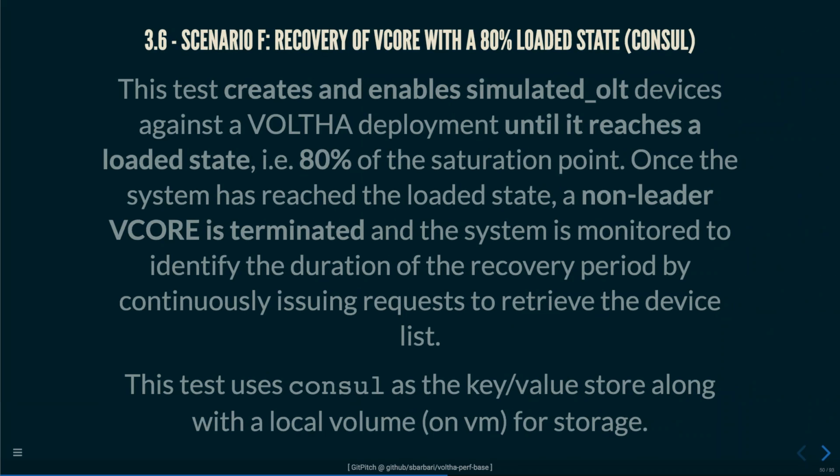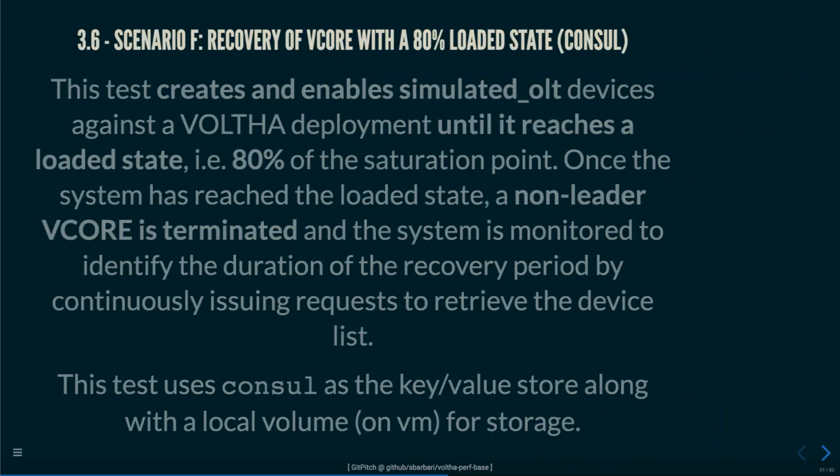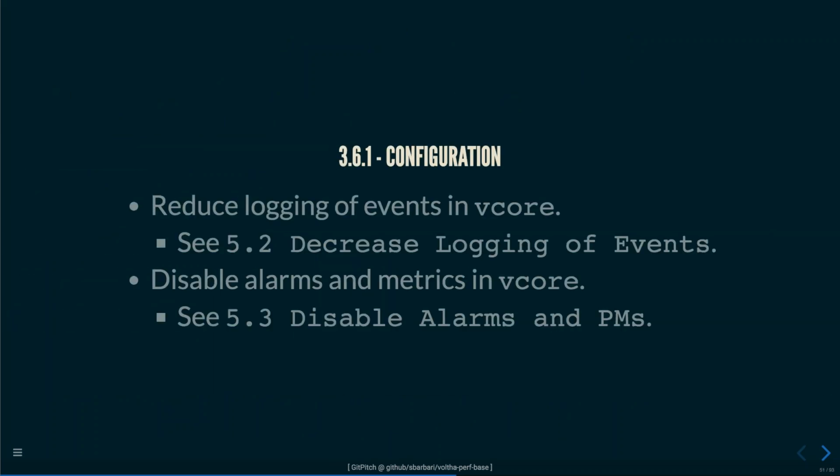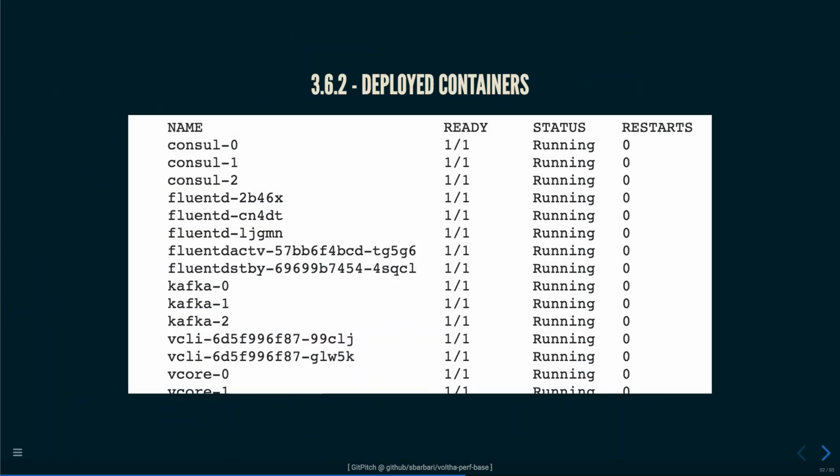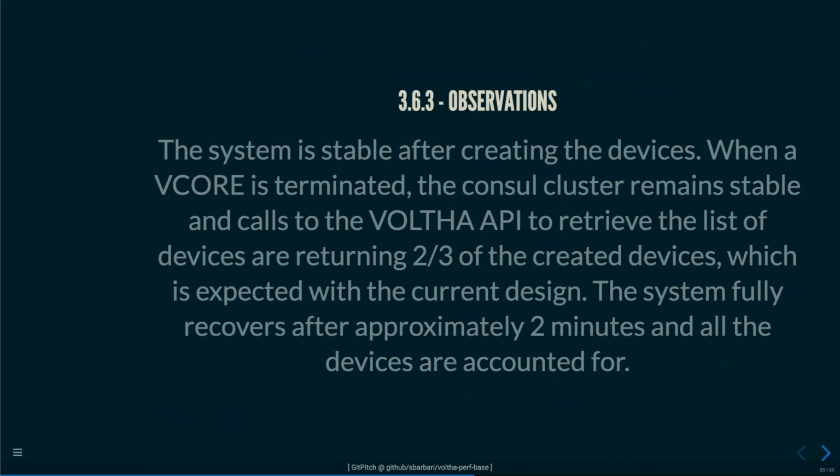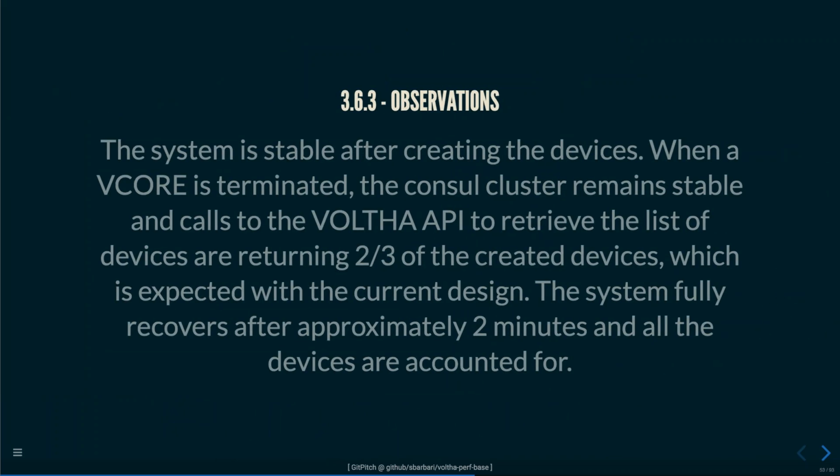The next test is the same test as the recovery of etcd, but in this case with console. We tried the 80% loaded state. I disabled logging, alarms, PMs, same containers. The system was stable during the creation, like we noticed in the saturation test case.